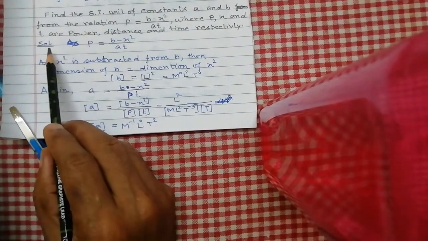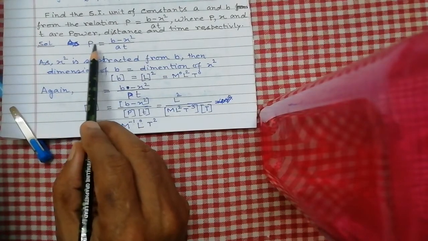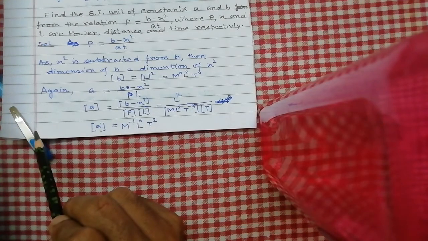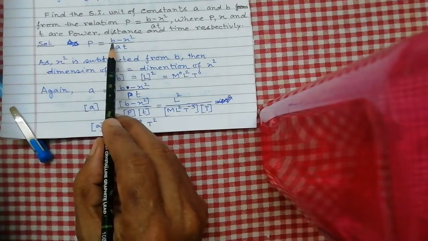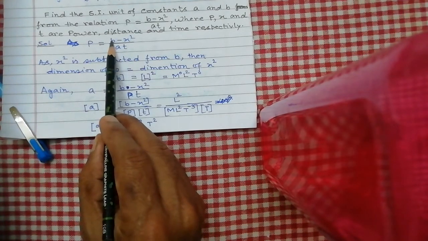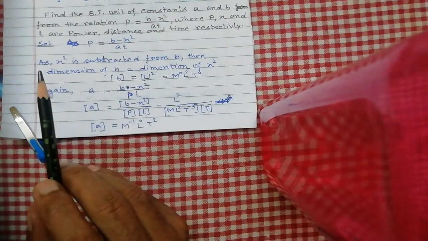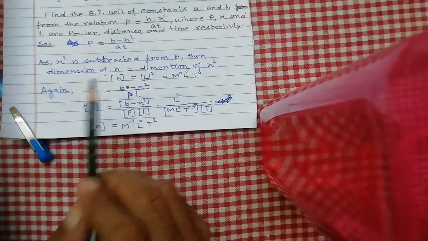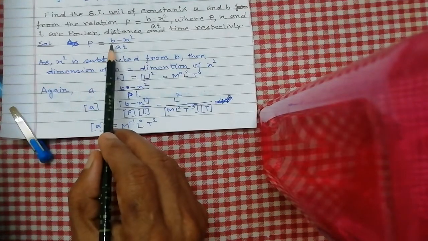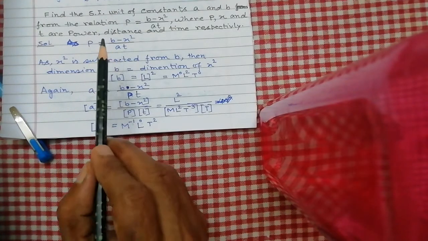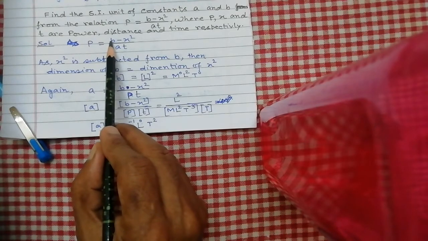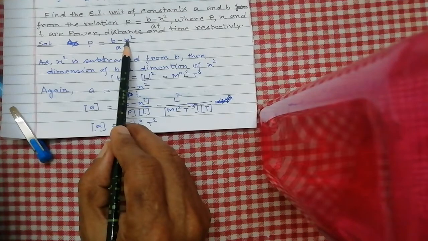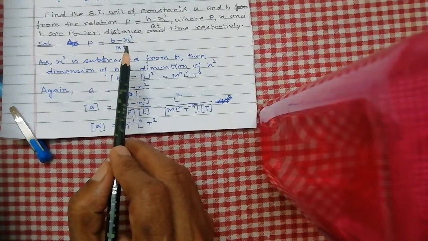Now, the given equation is P equal to B minus x square by AT. We know that two physical quantities can be subtracted only if their dimensions are equal. So from this concept, you can say the dimension of B and the dimension of x square, not x, will be equal.